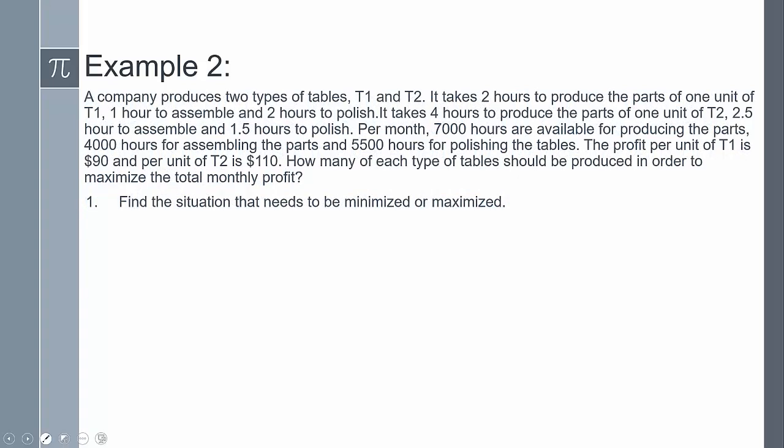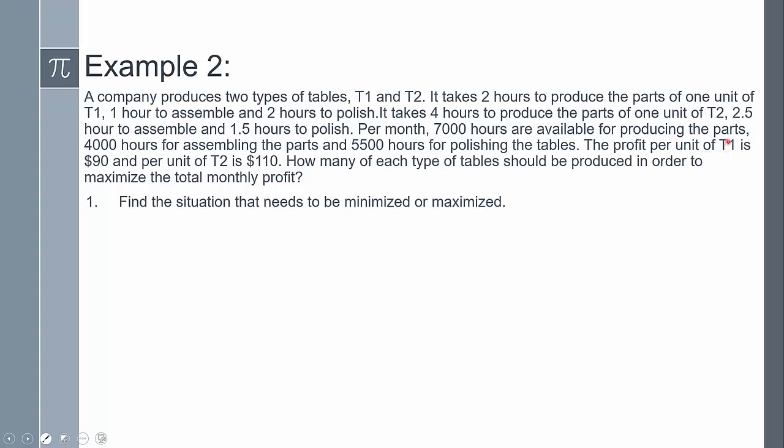So breaking it down again. Remember, the first thing we always need to do is find the situation that needs to be maximized or minimized. And so the piece that I saw here was how many of each type of table should be produced in order to maximize. So I know I need to maximize it. And because I'm talking about profit, where else does it talk about profit?